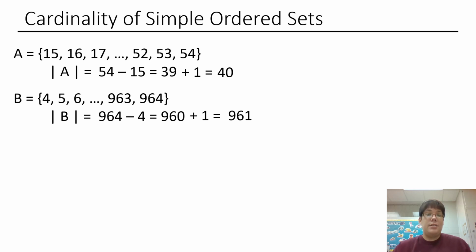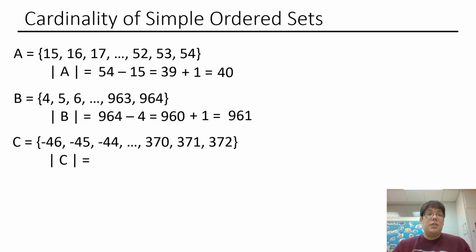Okay, let's look at an even uglier example. Let's look at set C, which contains all of the numbers from -46 to 372. So I've got positive and negative numbers in here. Now we're going to do this the exact same way. We're going to take the last number in the set minus the first number in the set and then add 1.